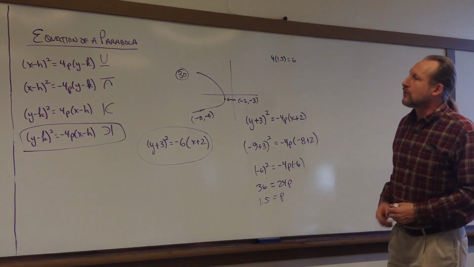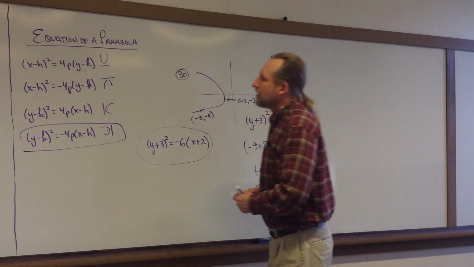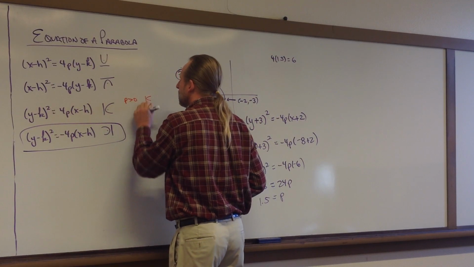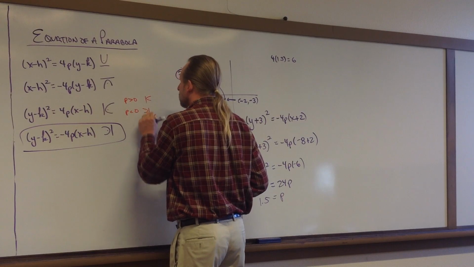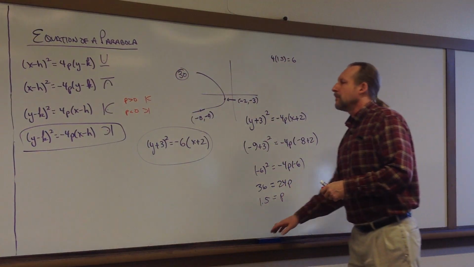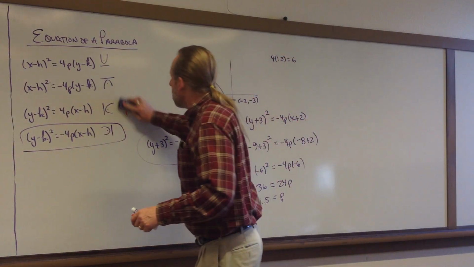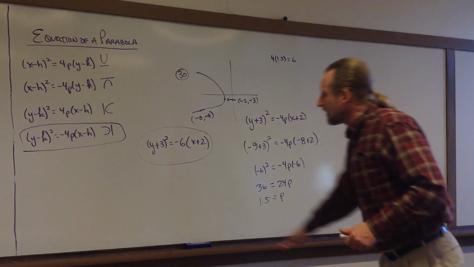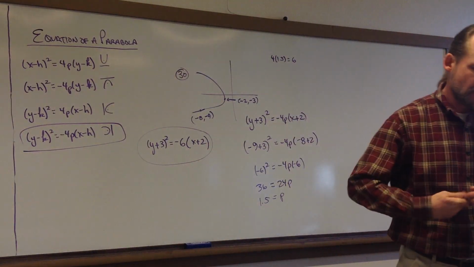I think that's a lot more explicit than just using this one and saying, well, p could be positive or p could be negative. And I don't think people catch on to that. Some people do, but many don't, okay? But how you go about doing it is up to you, just so long as we come out with the correct answer here.